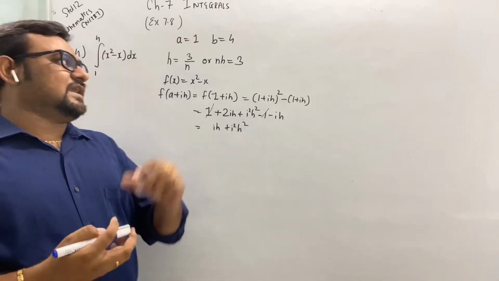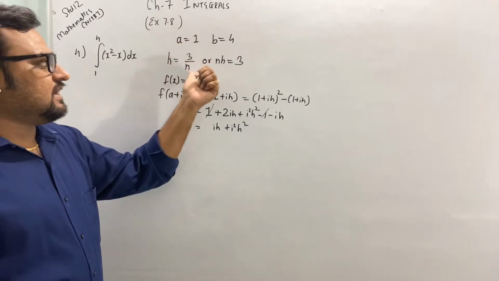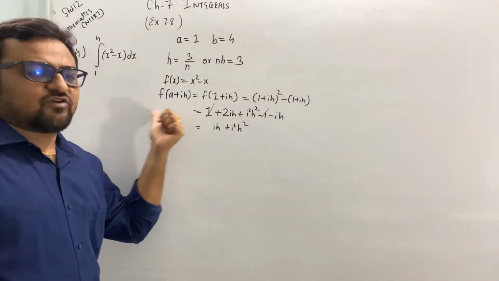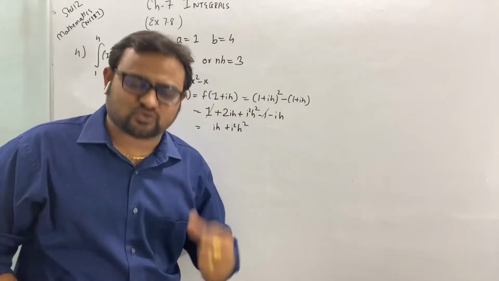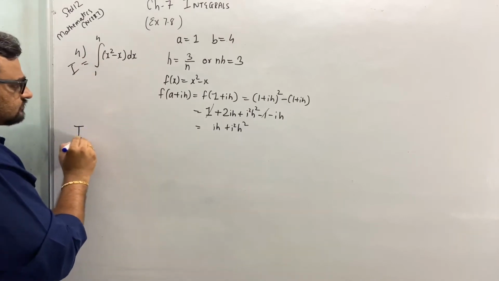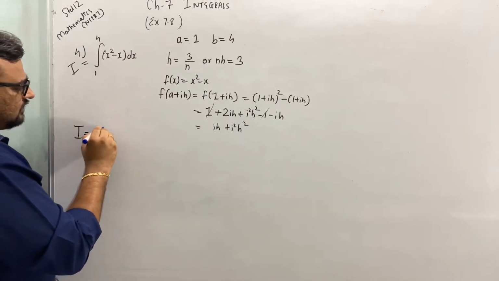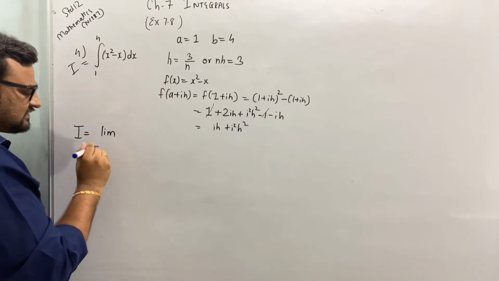Okay, so this was the starting part. We have selected a lower limit, b upper limit, h equal to b minus a by n, nh equal to 3, and f of a plus ih, we got ih plus i square h square. So what was the formula? Integral is limit n tends to infinity, or h tends to 0.